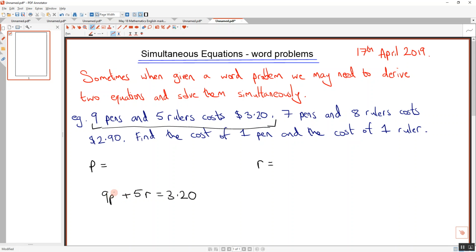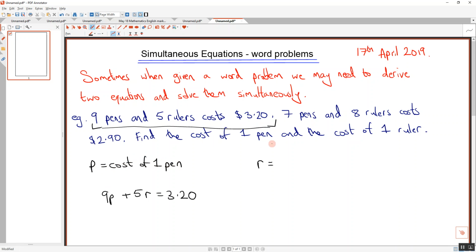And then P is equal to, remember, P is not the number, because we know the number of pens is 9, so what does P represent here? If we read through it, 9 pens and 5 rulers cost 3.20. So P represents the cost of 1 pen, which is what we're trying to find out, isn't it?